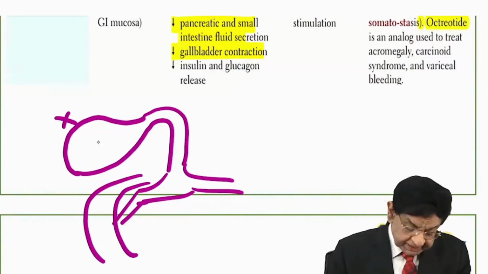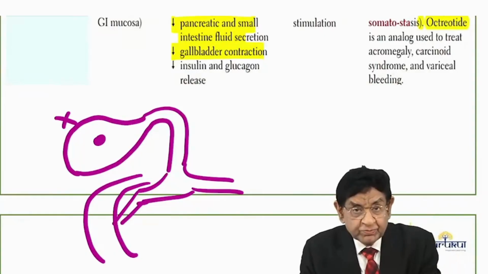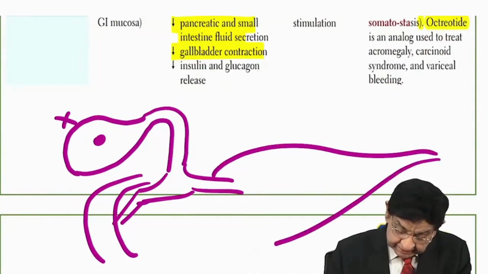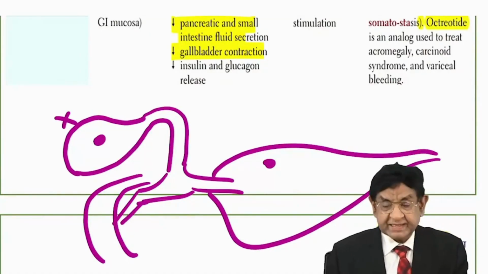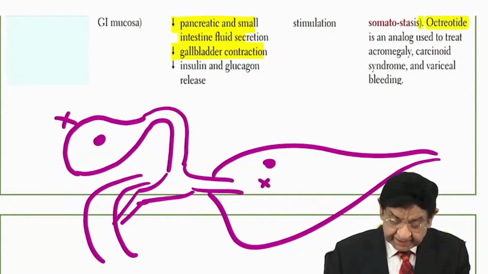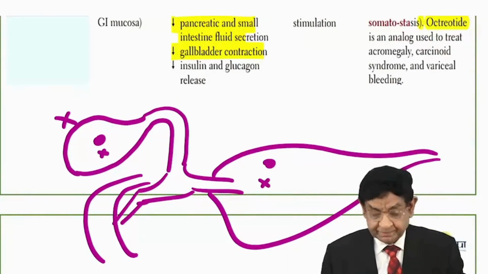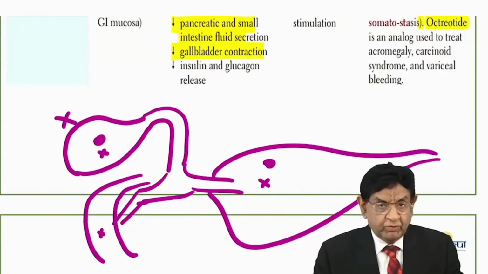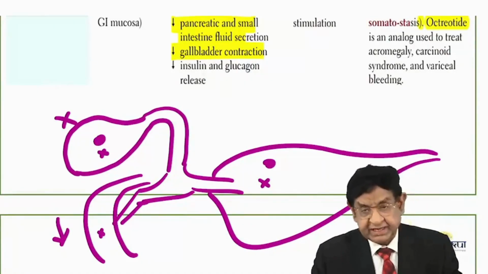The bile will stay here only. Bile will not move. It is also reducing the pancreatic secretions. So what will the net result be? Neither secretions are coming from the pancreas, nor secretion from the gallbladder. So secretion into the second part of the duodenum, that means overall secretion from the pancreas and gallbladder, will get reduced in the intestine.